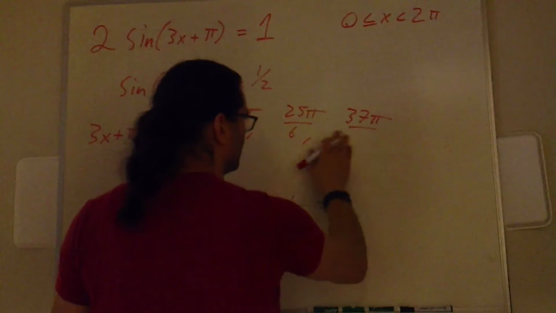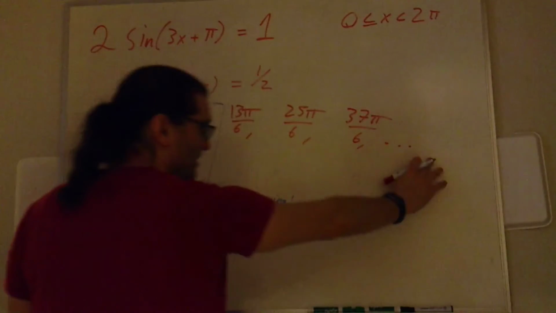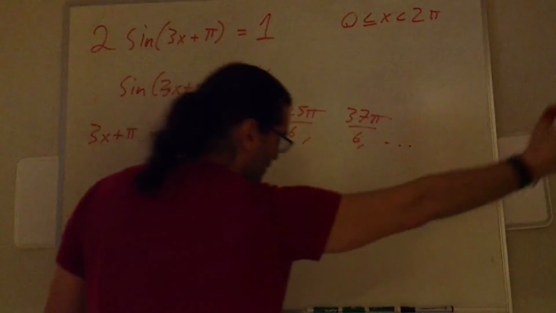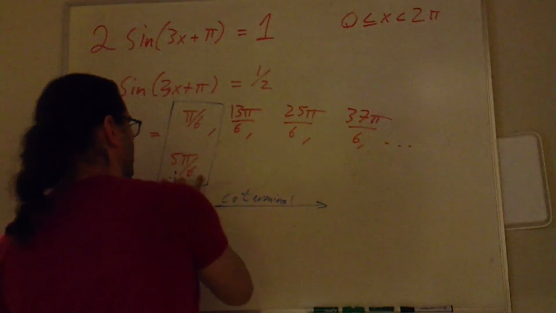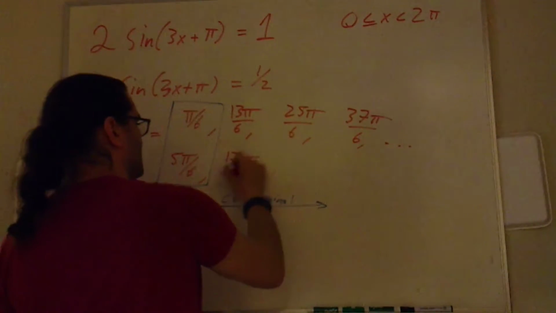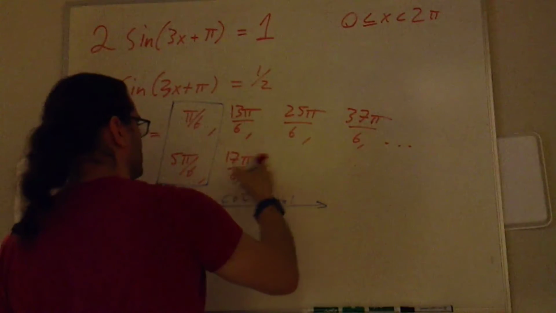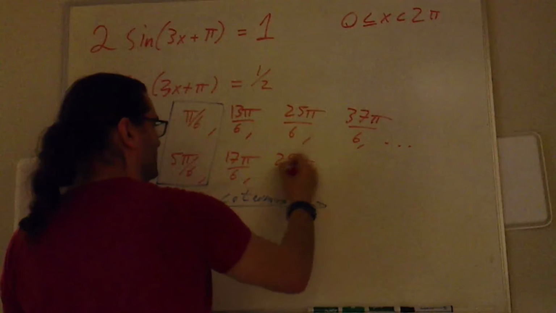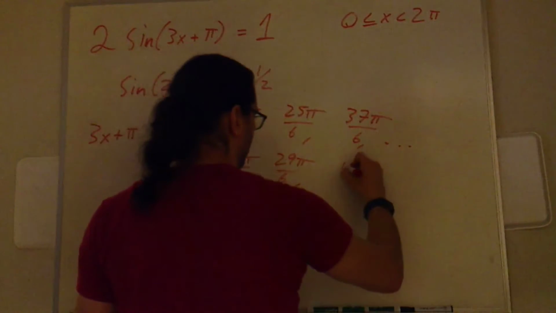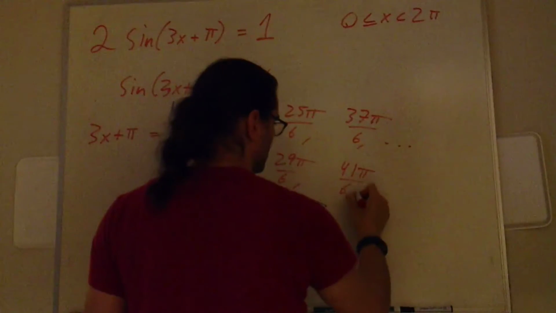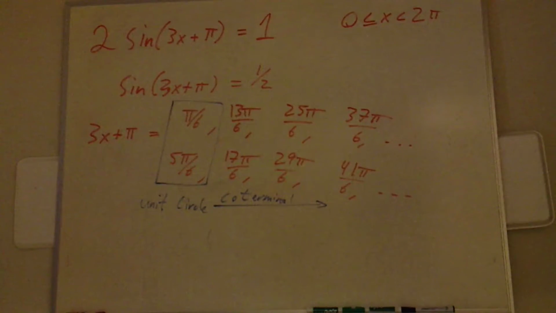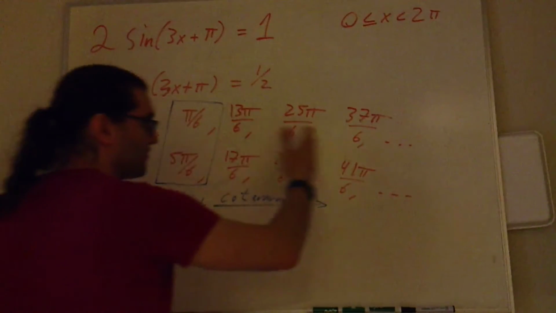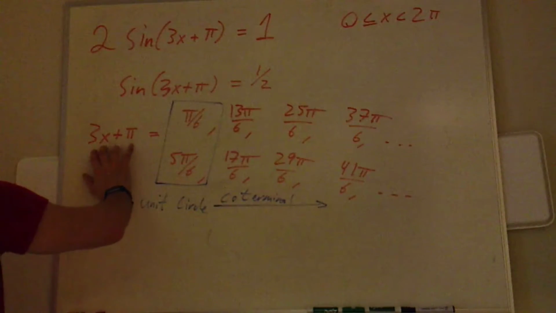That's probably big enough. But I'll still add some dot dot dots because I could expand this more if it's not big enough. Here I'm going to add 12 pi over 6, so that will give me 17 pi over 6, and 29 pi over 6, and 41 pi over 6. Let's hope that's big enough. We'll do another dot dot dot. So, these are all of the values that 3x plus pi could equal.